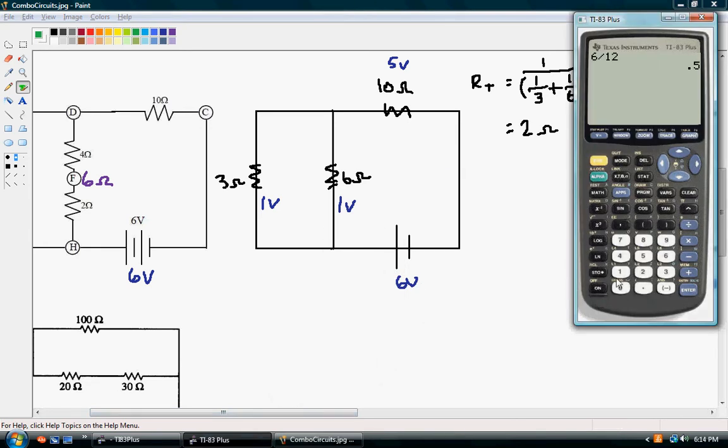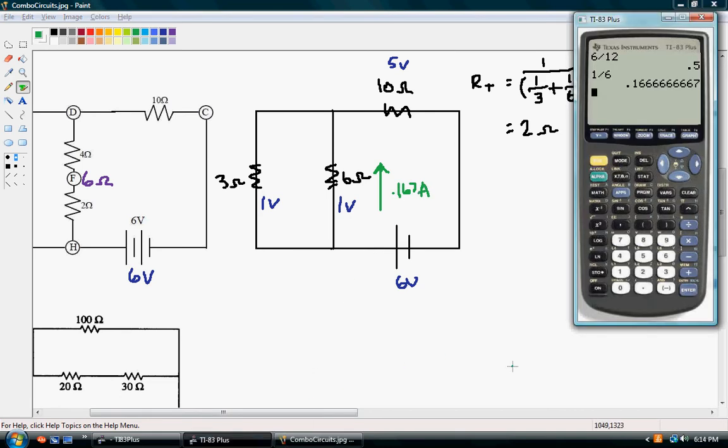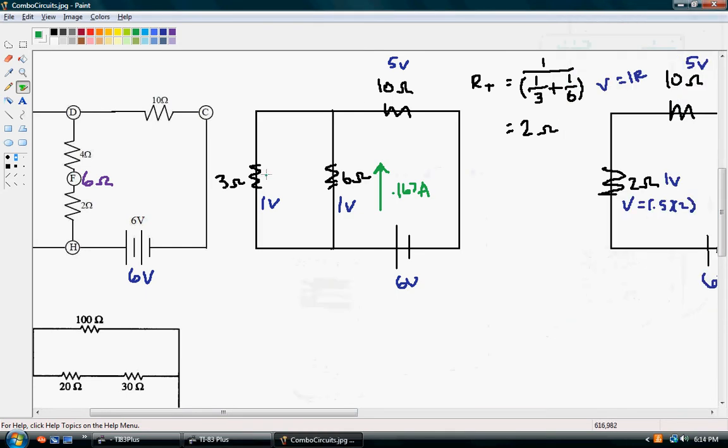So 1 volt divided by 6, our current down this line is 0.167 amps. And the current down the other line would be 1 divided by 3, which is 0.333 repeating. Notice that those two numbers together give us our total current of 0.5 amps once they join up.